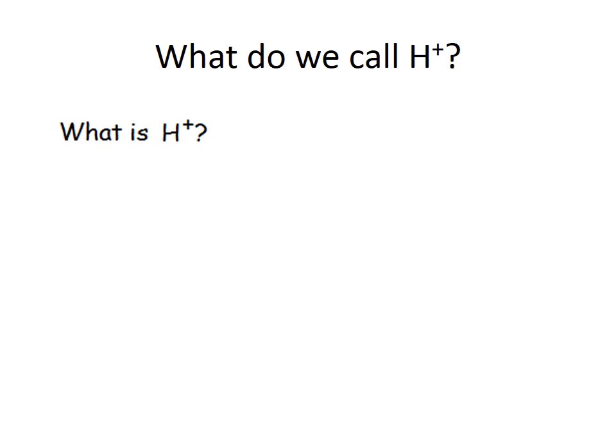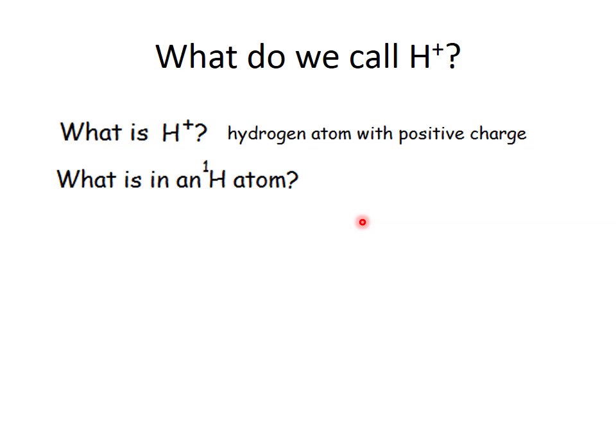So we've been writing this hydrogen ion for you and saying it, but we really don't call it that much. We call it something else. So what do we call this hydrogen ion usually? Well, let's think about what this hydrogen ion is. It is a hydrogen atom with a positive charge, right? Well, what's in a hydrogen atom?